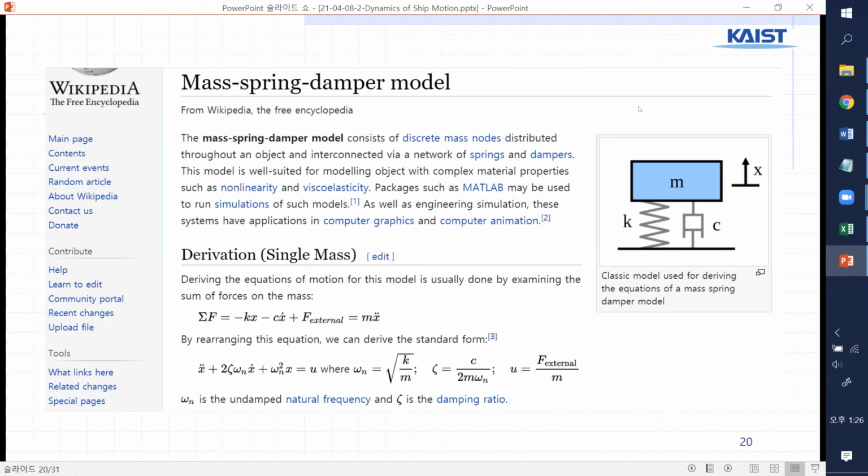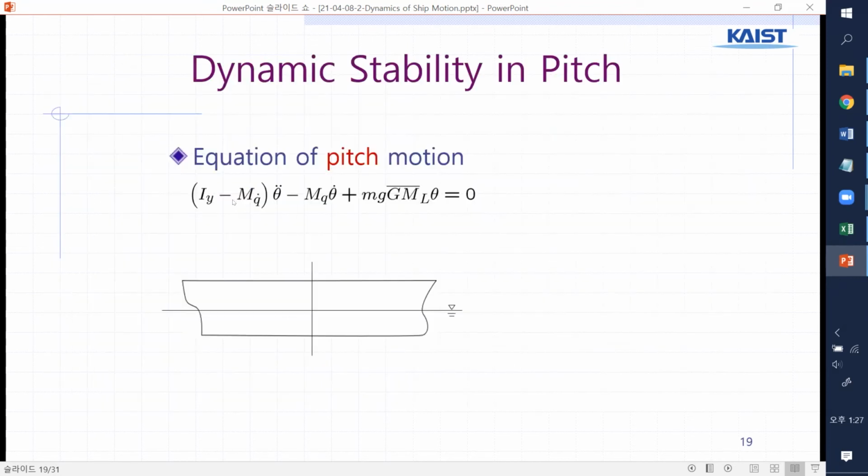All this we learn from mechanisms or vibration or dynamics: mass, spring constant and damping coefficient. And that is very similar to this equation, right? The format is the same because it is also motion, but the parameters in front are very different and also very complicated because a ship is big and complex.